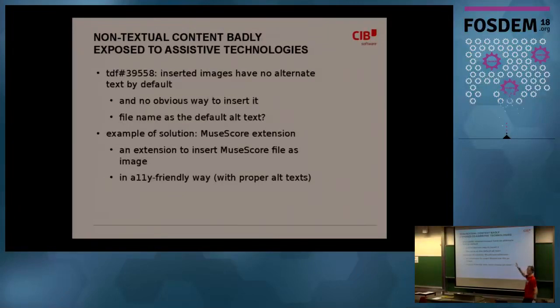The default that we have in Writer is not so great because when you insert a picture, you're not even prompted. It would be pretty easy to prompt the user when inserting an image anyway. Preset perhaps with a file name, so that people can click it away if they don't care so much, but at least give the option there.